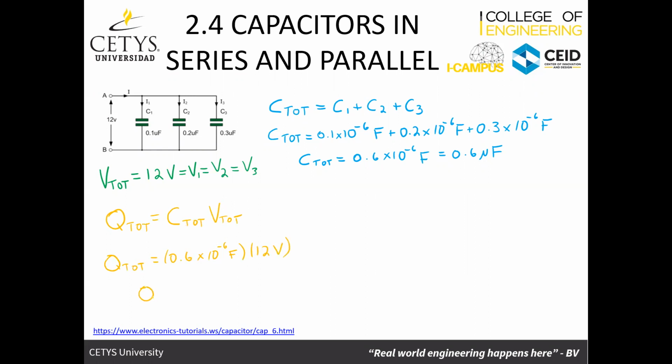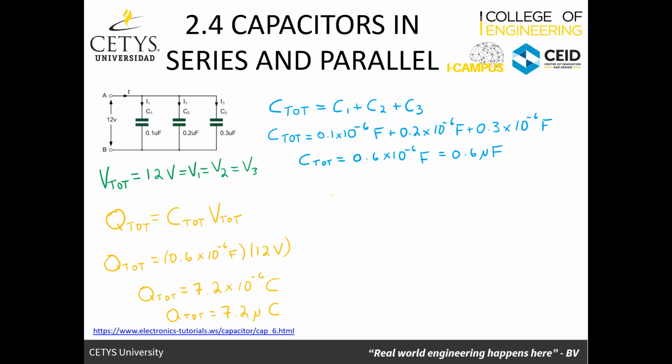And so what is the total charge? 7.2 times 10 to the minus 6 coulombs, or 7.2 microcoulombs. And that makes sense because we're talking about microfarads, so microcoulombs makes sense.